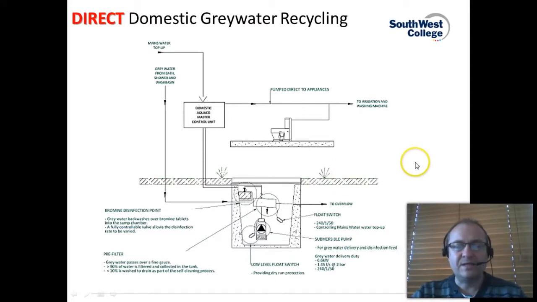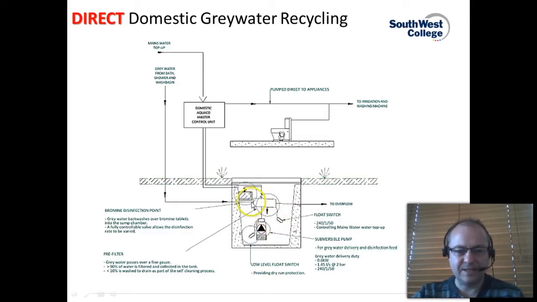Similarly, greywater recycling systems can be installed in direct flow systems as opposed to indirect systems. And again, the components are similar in the greywater recycling system. Your greywater from your bath, shower and basin passes in again, with the disinfection point, pre-filter, electrical pump and overflow.